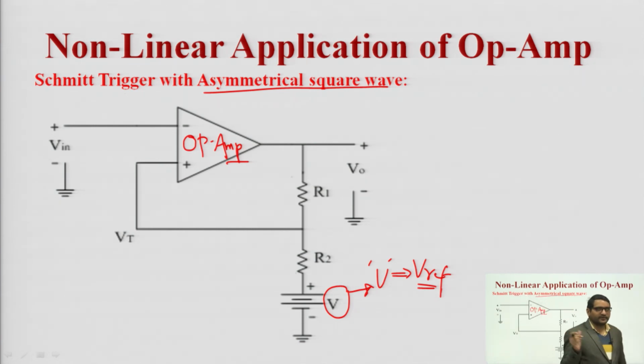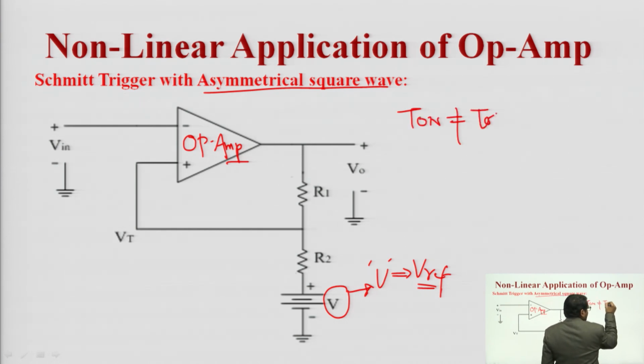If you simulate and run this circuit, it gives an asymmetrical square wave, meaning different values of T on and T off. T on is not equal to T off.